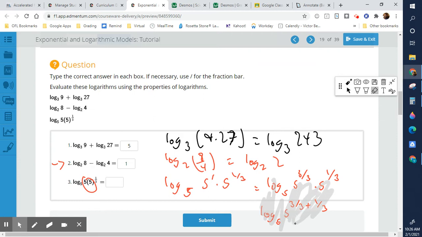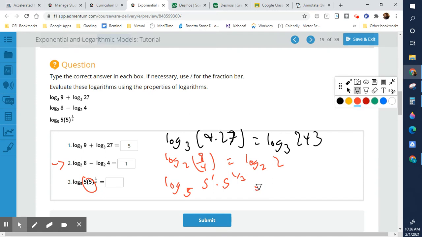If that doesn't make sense, let me show you what's happening. These two are the same base and they're exponents. So that means I can rewrite it as log base 5 of 5 to the 1 plus 1/3. Because of the law of exponents, I can add them. Well, guess what?